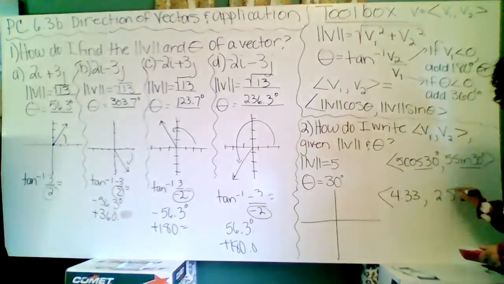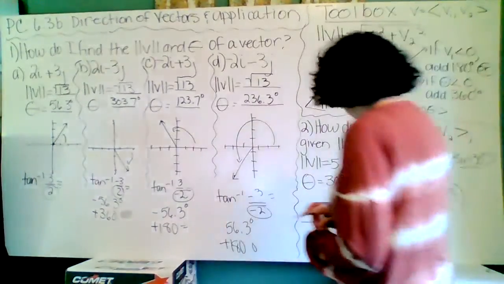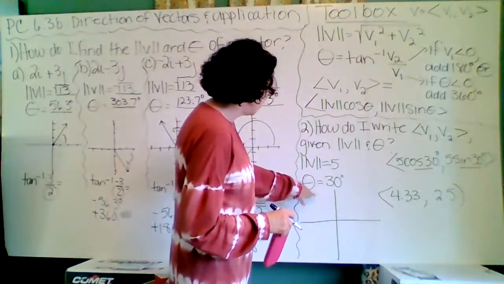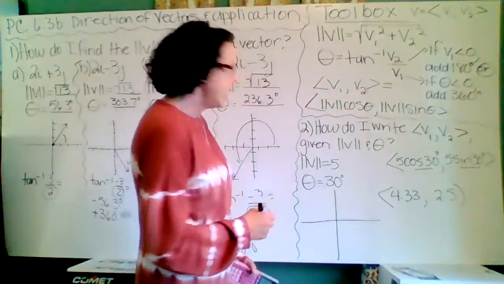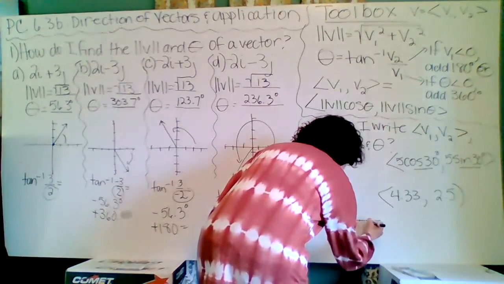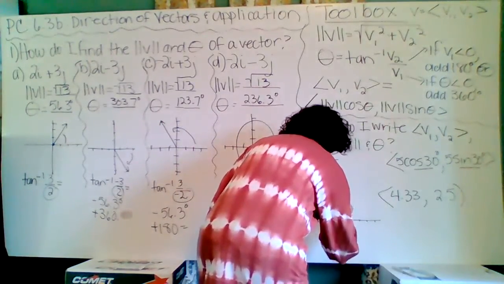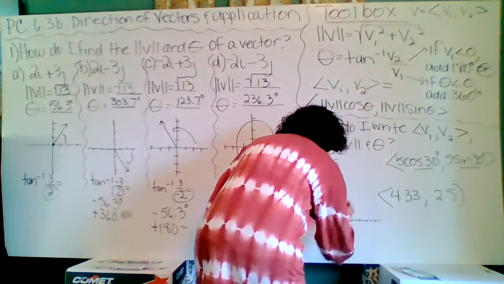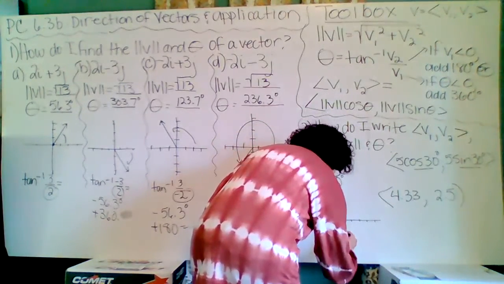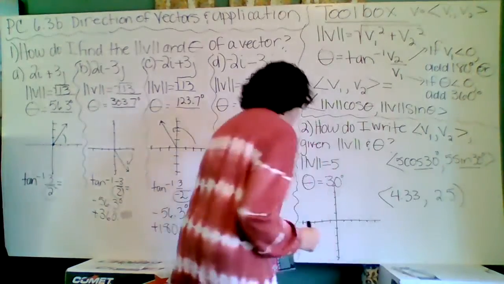2.5. Okay. So I just want to show you, let's go ahead and draw a vector with a magnitude of 5 and an angle measure of about 30. 1, 2, 3, 4, 5. There we go.